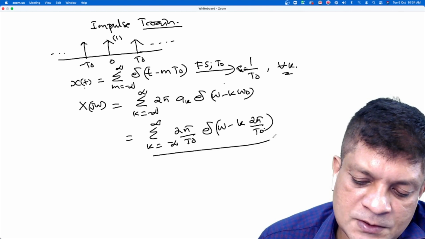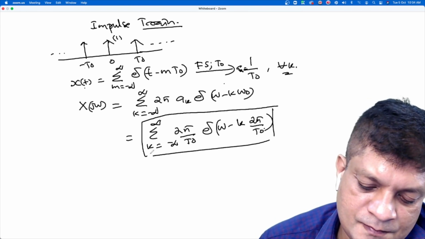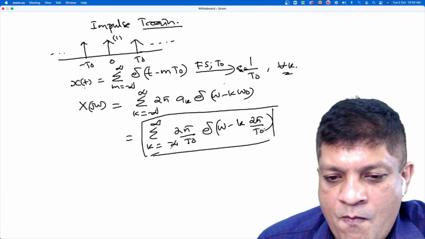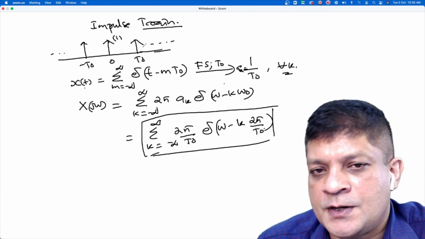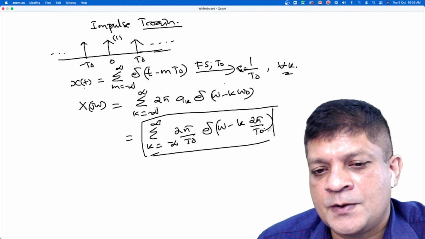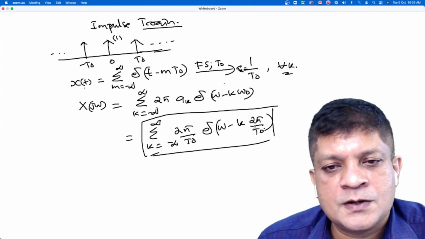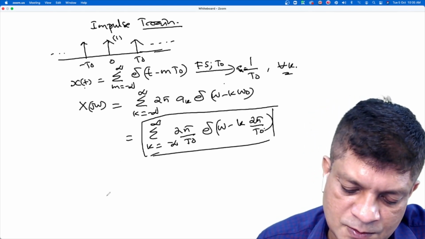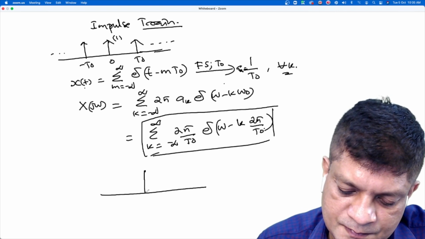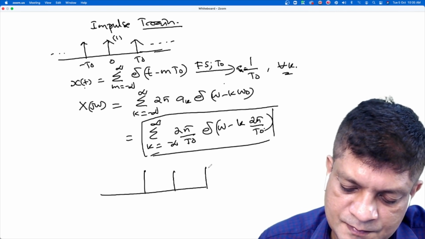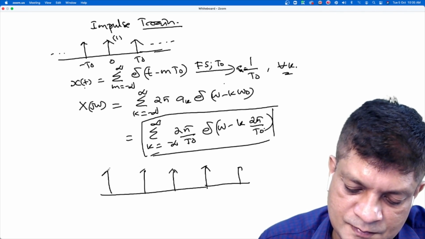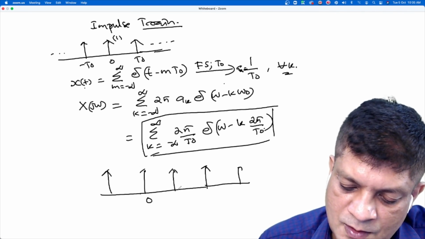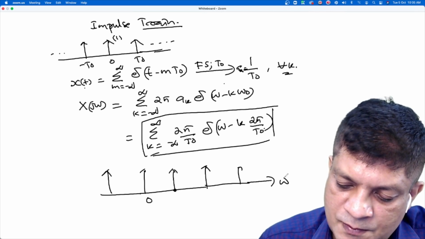What is the shape of this? In the time domain, it is an impulse train. What about the shape in the frequency domain? It is another impulse train, isn't it? So its spectrum is 0, and this is a function of omega.